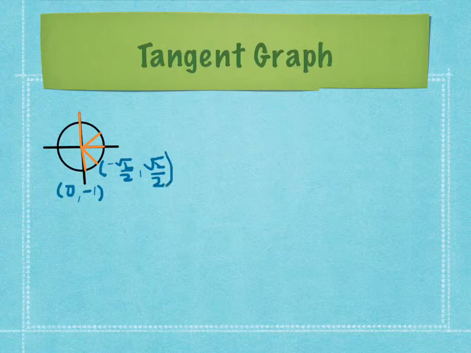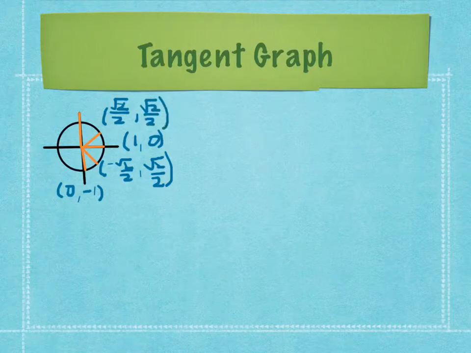Over here at the quadrantal angle 0 we have 1, 0. Up here at pi fourths I have square root 2 over 2 and square root 2 over 2. And up at pi halves I have 0 and 1.